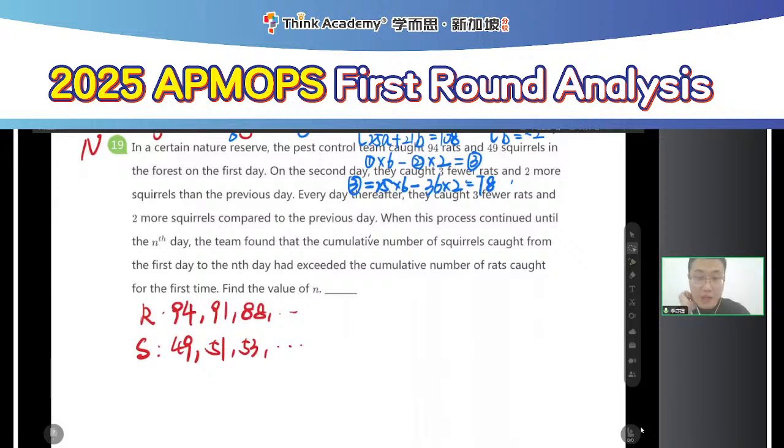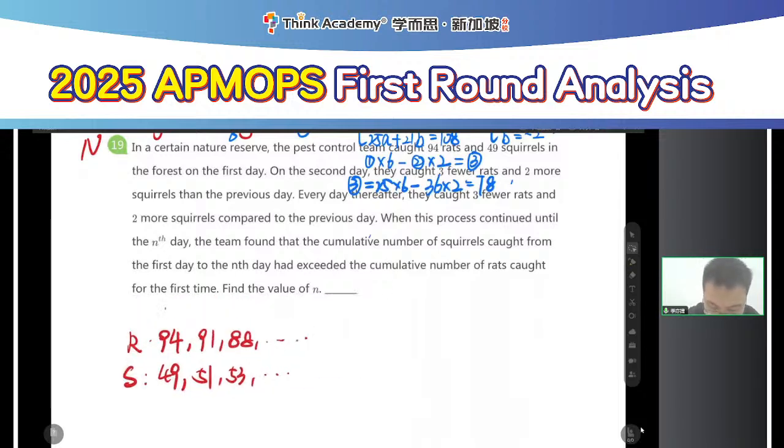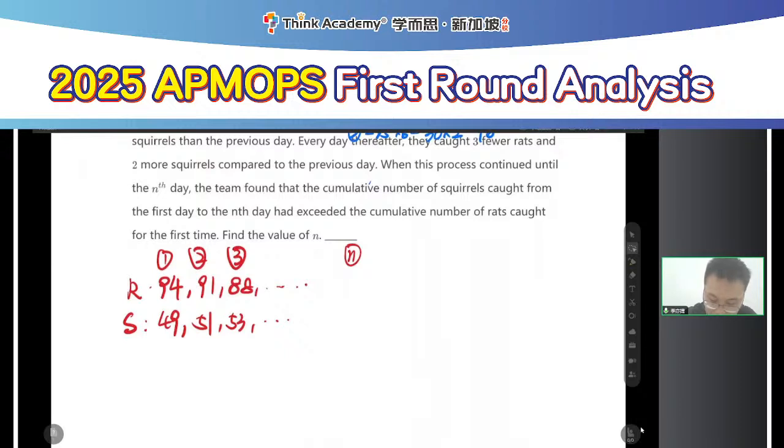But then the problem is, if you express the sum, this expression would be a little bit more difficult, but I think it's okay. Imagine we have the first day, second day, third day, and then we go to the end state. At the end state, the rats would have 94 minus 3 times n minus 1, and the squirrels 49 plus 2 times n minus 1.